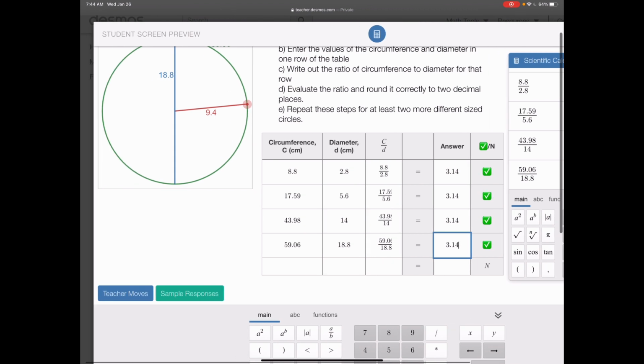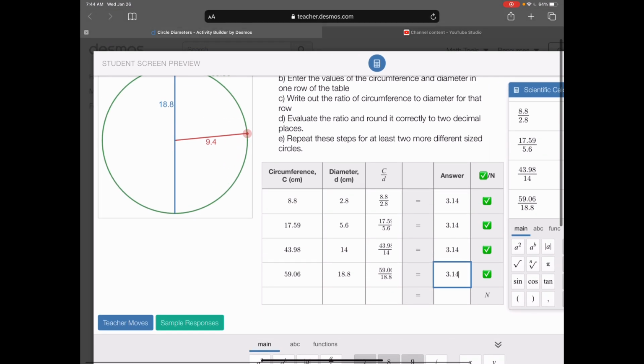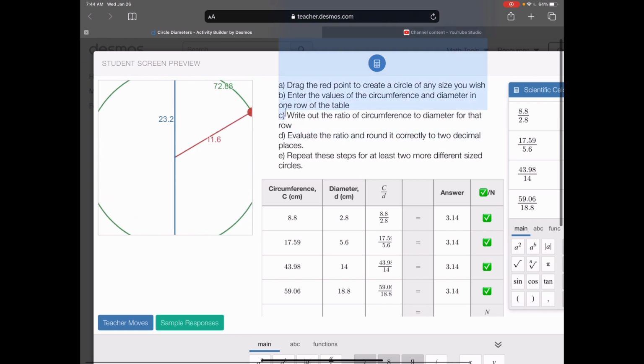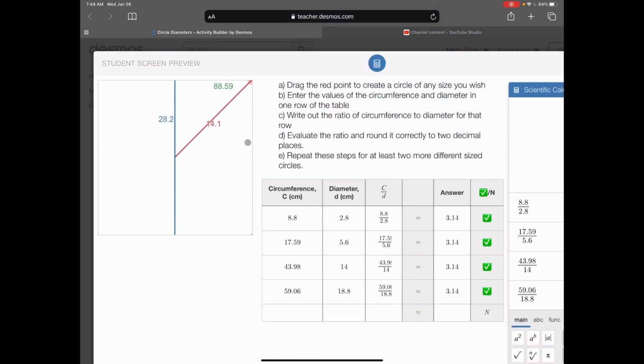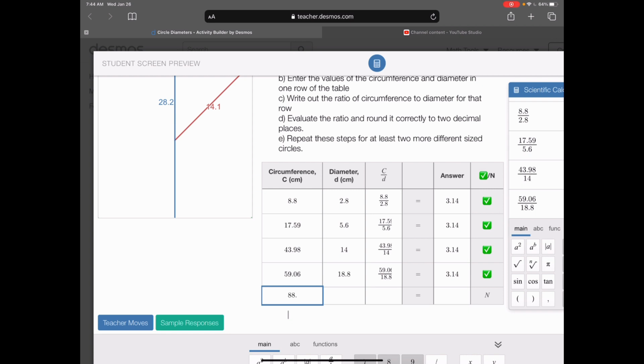Okay, you see what is happening here, right? No matter what the size, I can make it this big. Let's make it huge, right? The circumference is 88.59.